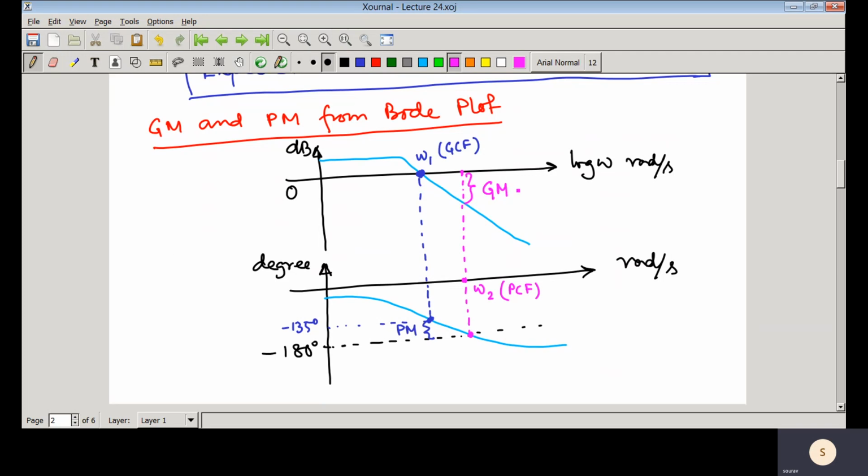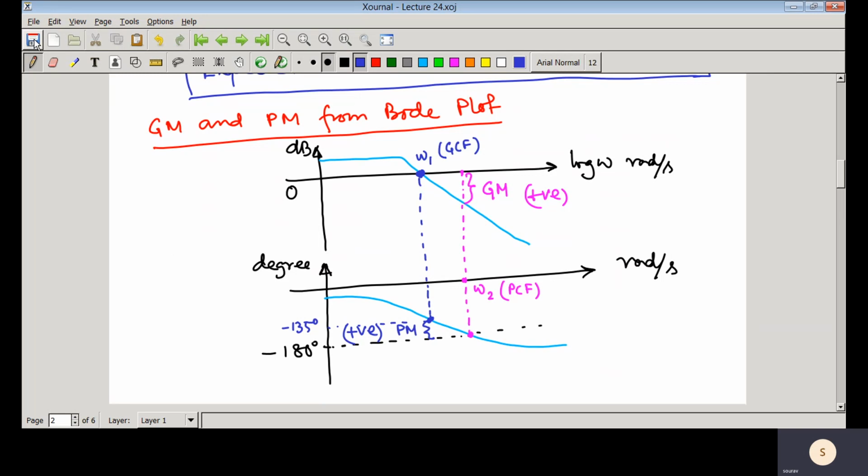And here we have shown it for stable systems, where both gain margin and phase margin are positive. So positive gain margin and phase margin means it is a stable system. Whenever we check stability, we can check it from the Bode plot also.